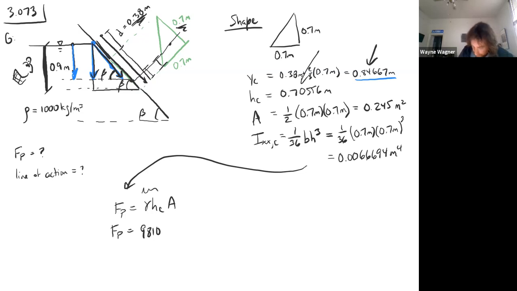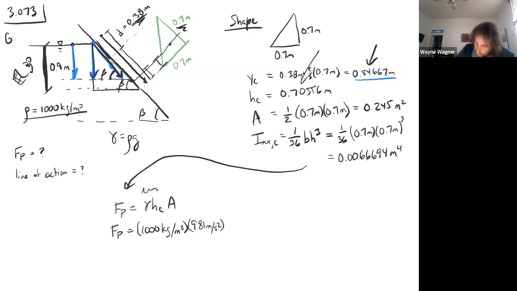Or really, this problem specifically asked us to use rho equals 1000, so I'll go ahead and use that. Gamma, remember, is rho g. So 1000 kilograms per cubic meter times g, 9.81 meters per second squared. So that's where we get the 9810.